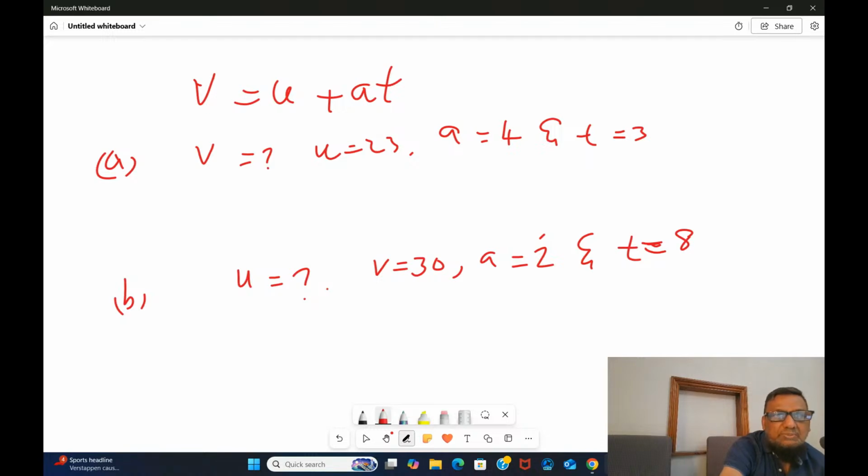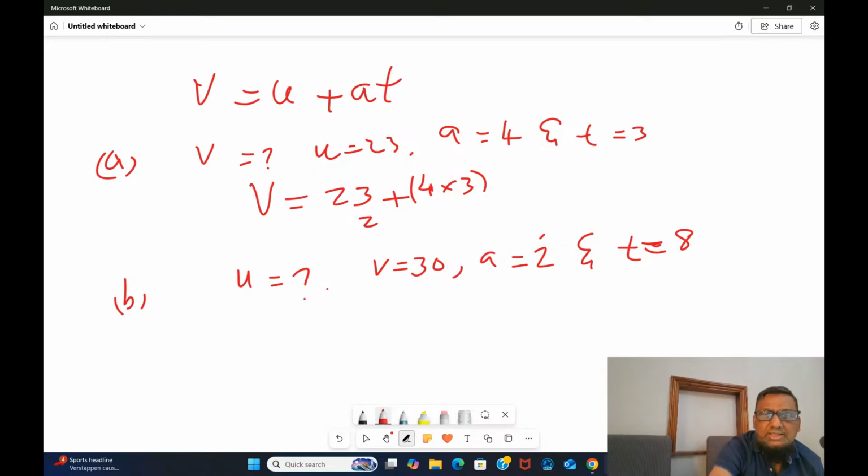We just simply look at this one, V. U is 23, you can write 23 plus the value of A is 4, I can write here 4, and the value of t is 3, because AT means they are multiplied with each other. So I can write times 3.